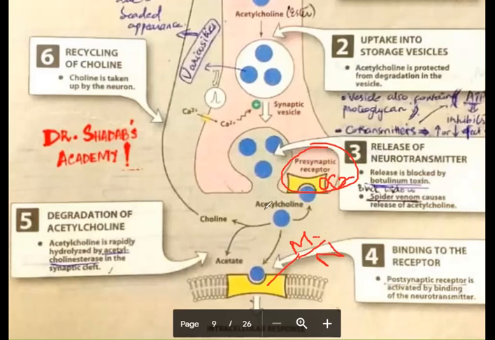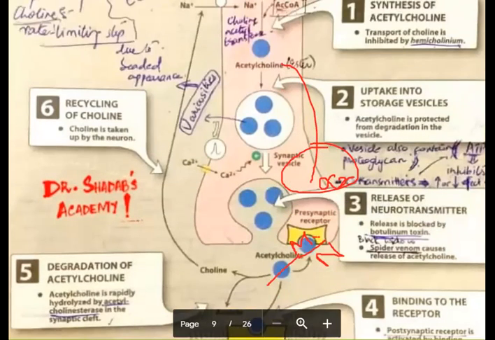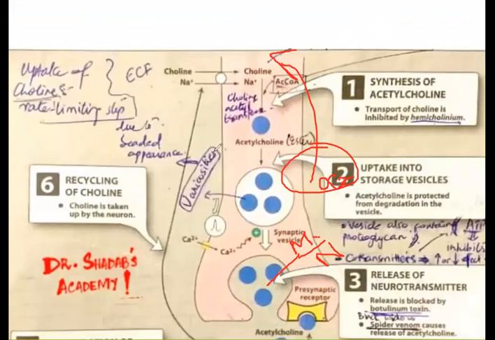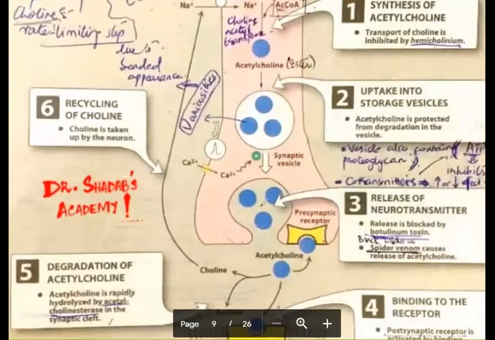So it goes here and attaches, and then this receptor gives the signal back up to this particular level, that please do not produce or make more acetylcholine. We do not want it. We do not want this. So this is essential to understand.